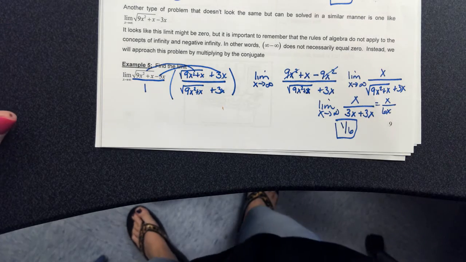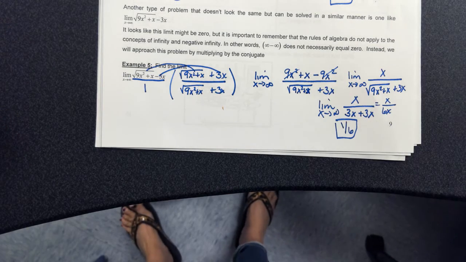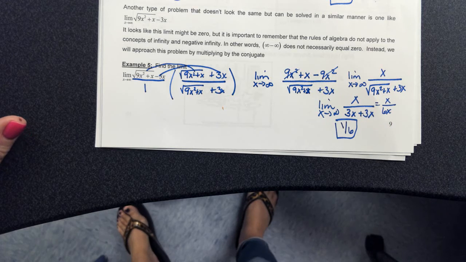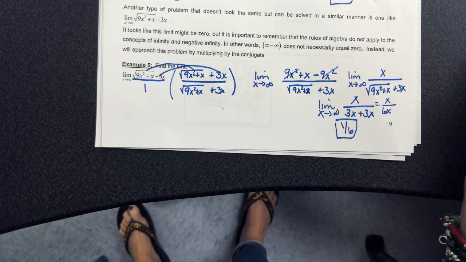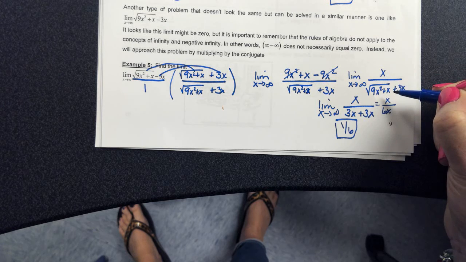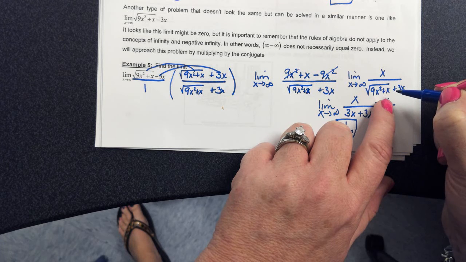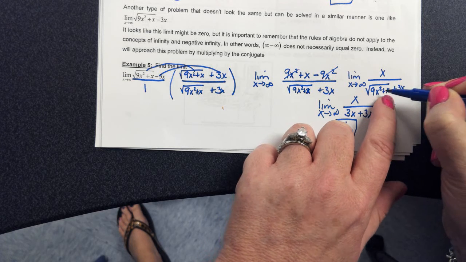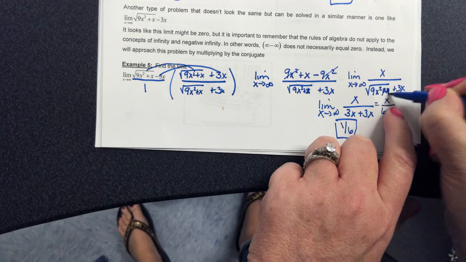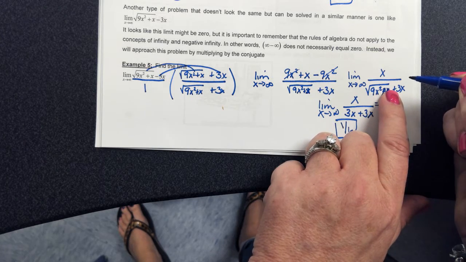Yes, Nina? So I don't know, how do you get from that number...? Remember, what dictates the degree of the denominator is the largest exponent. The largest exponent is the square root of 9x squared. This x you can disregard. Just like up here, remember we did all the regular rational expressions?